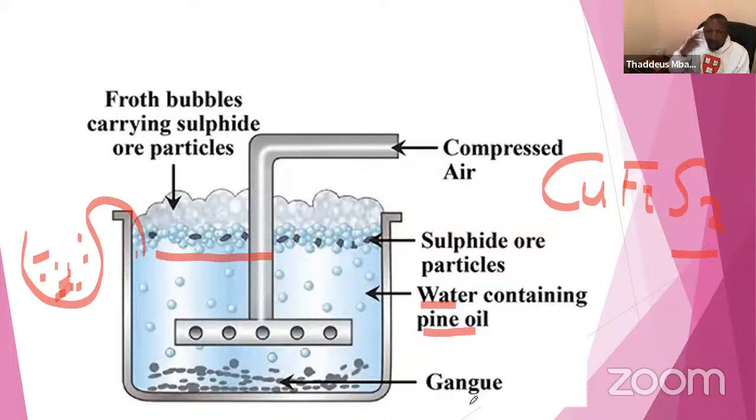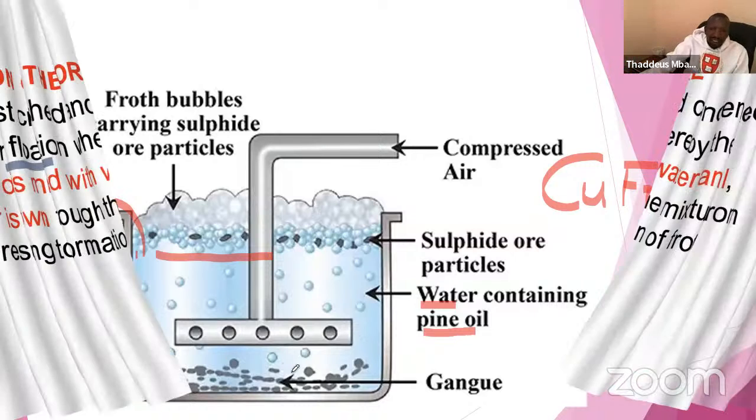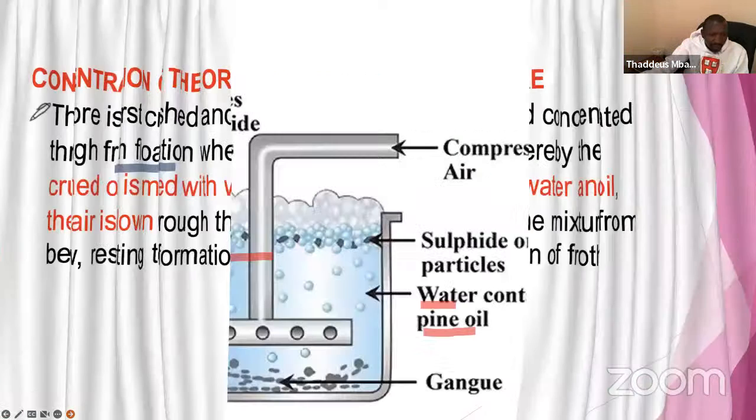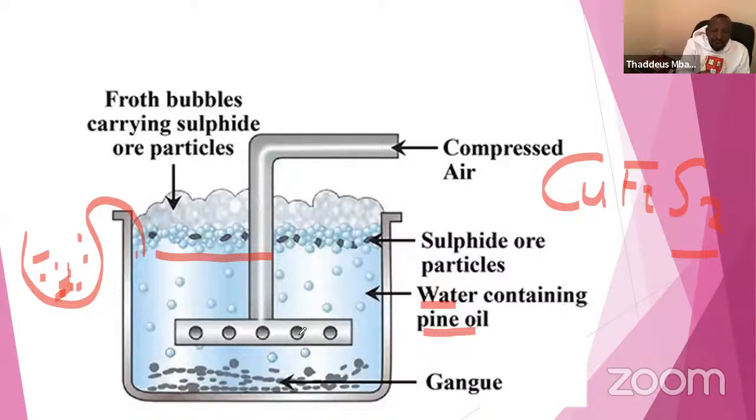Then we blow in compressed air. The compressed air will cause the sulfide ore to form a top layer here. This is what you call a froth.